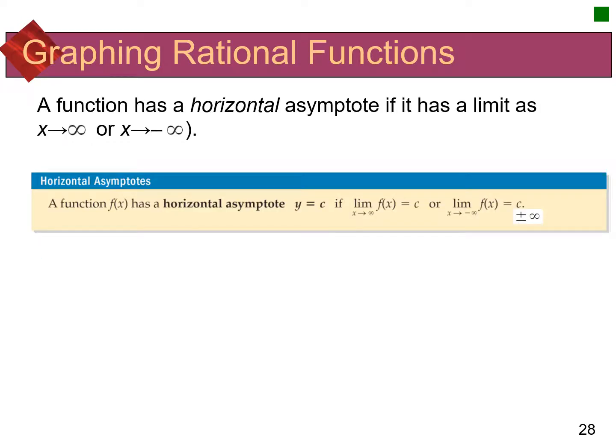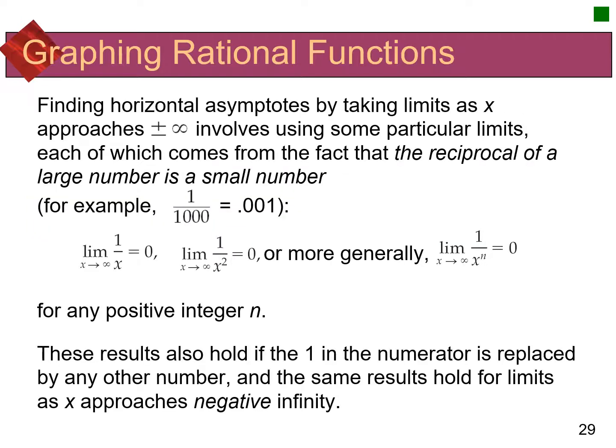A horizontal asymptote occurs where x is approaching infinity or negative infinity. So that's what I usually use; I do limits to find out about those. This gets into the same idea we talked about already and made use of when we were evaluating limits dealing with infinity. Your book goes through more of the detail that I've already provided to you.